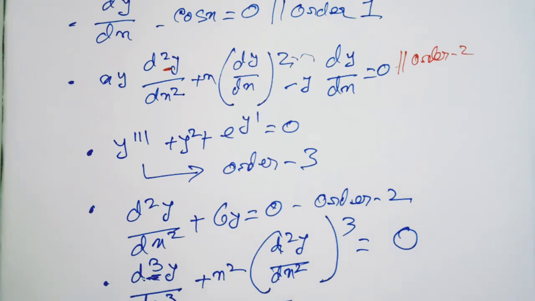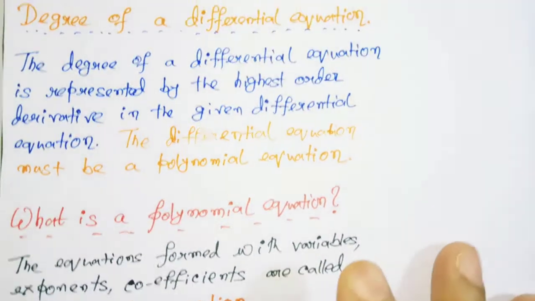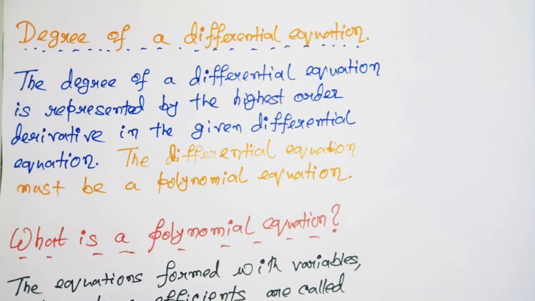Now we will go to the last part, which is the most important part, and we will see what is called the degree of a differential equation. Before that, I would like to show you the very basic definition. Just pay attention to the first part.